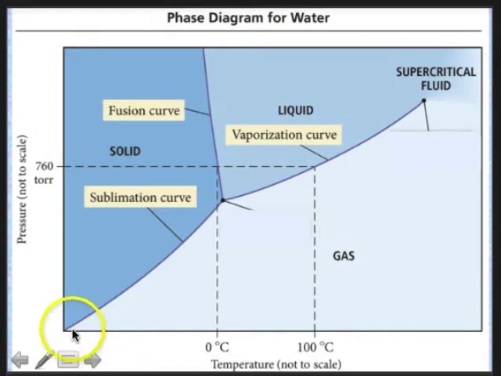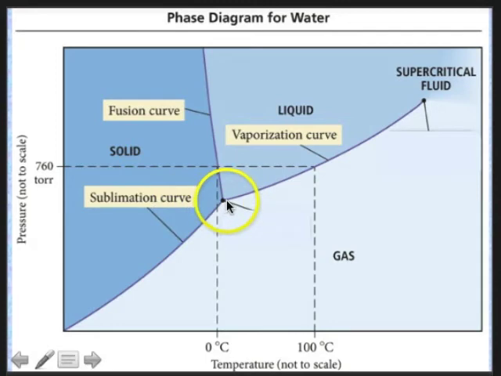So if you're way over here with cold temperatures and move up to higher pressures, you're talking about a solid. And then, of course, the gas is going to be the phase in evidence when you have high temperatures and low pressures. And the liquid will be between them. That's an easy way to remember solid, liquid, and gas on a phase diagram.